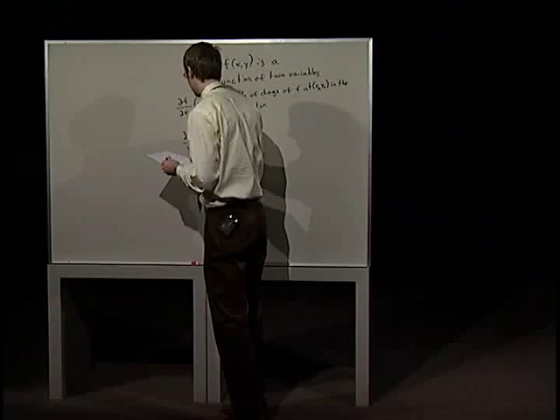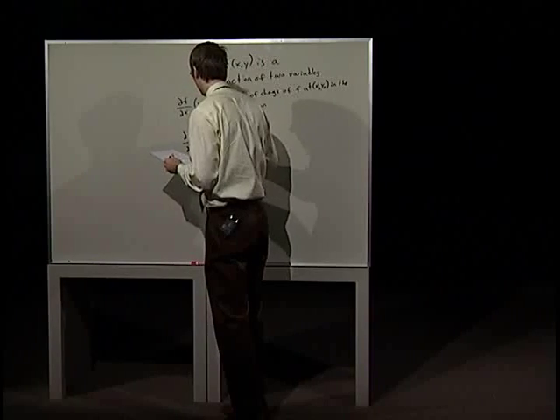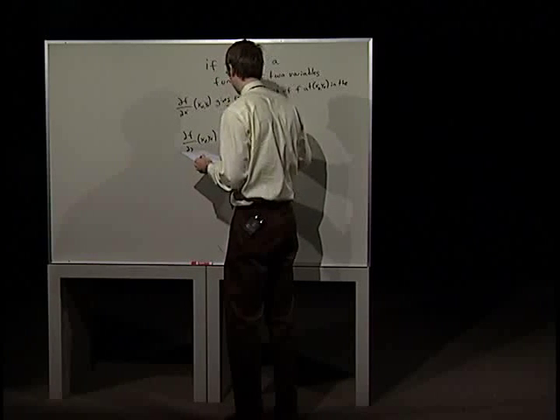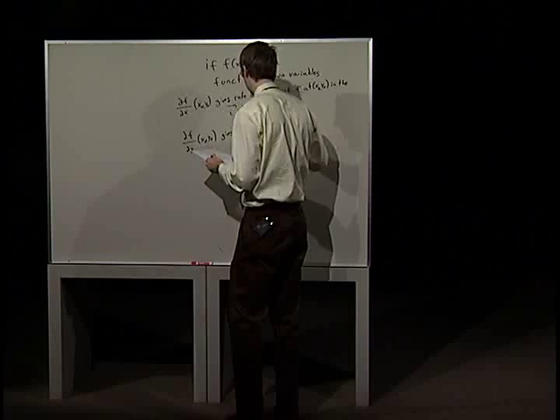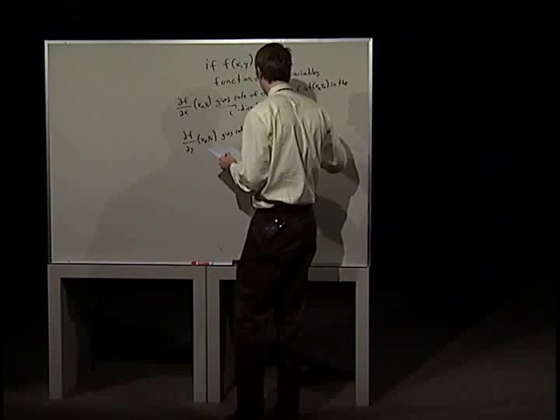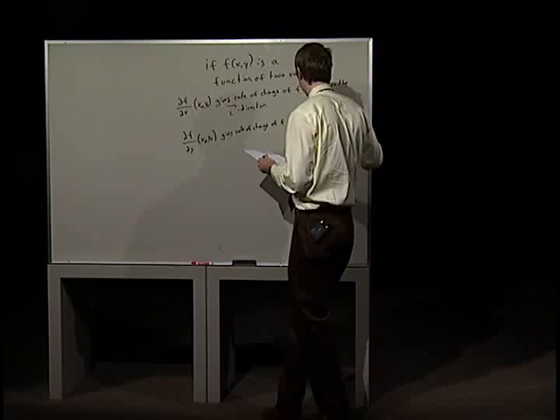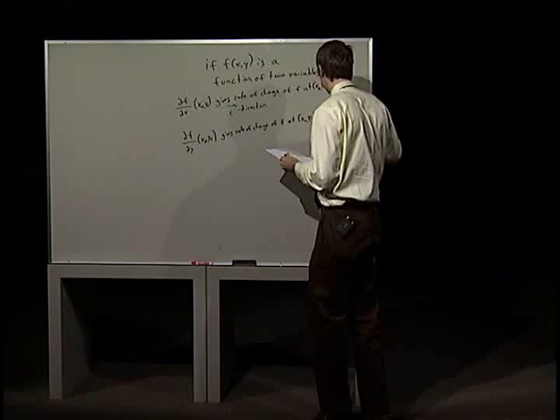Concurrently, partial f partial y gives the rate of change of f at the point x naught, y naught in the j direction.